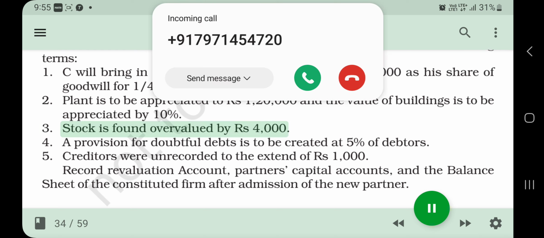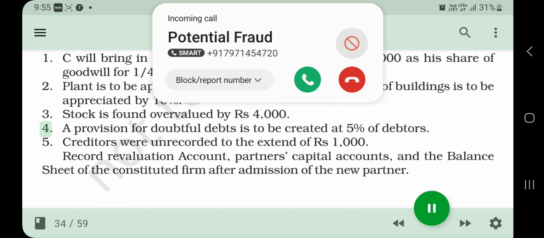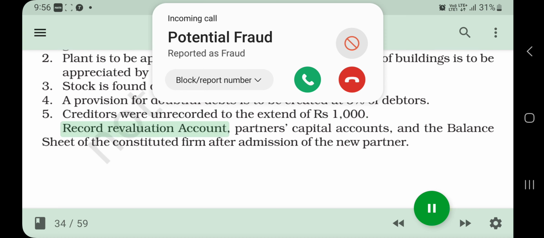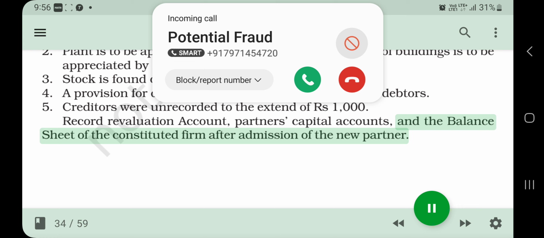Stock is found overvalued by Rs. 4,000. 4. A provision for doubtful debts is to be created at 5% of debtors. 5. Creditors were unrecorded to the extent of Rs. 1,000. Record revaluation account, partners' capital accounts, and the balance sheet of the reconstituted firm after admission of the new partner.